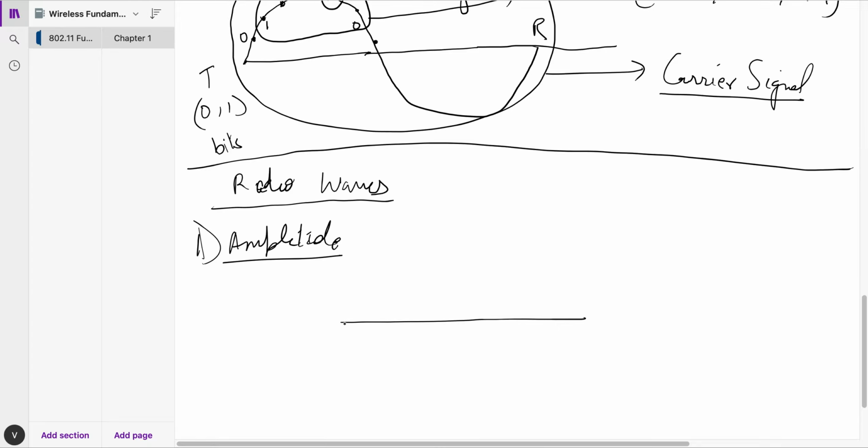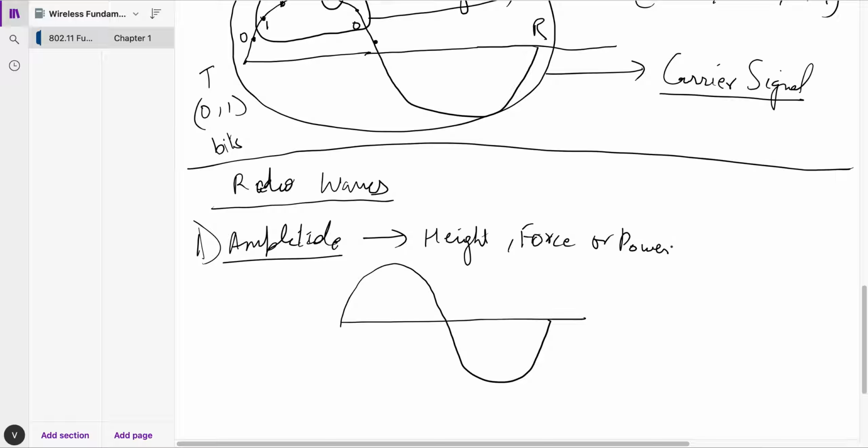If we have a signal like this, okay, amplitude is nothing but the height, the force, or the power of the signal. Okay, so this is called the amplitude of this particular signal. As simple as that.